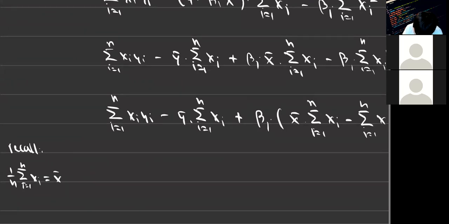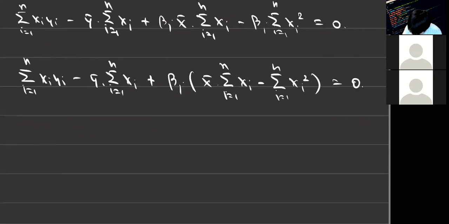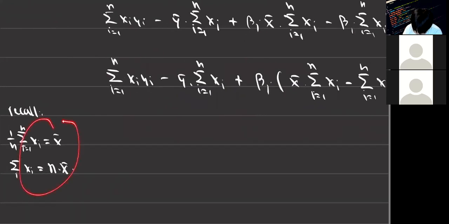This is just x bar, right? So what that means is the summation of this thing is really just n times x bar. And this is what I'm going to use to replace the summation xi. So I'm allowed to do that, all right? And same with this guy here. So these two things, I'm going to replace using n x bar. And the reason is here.